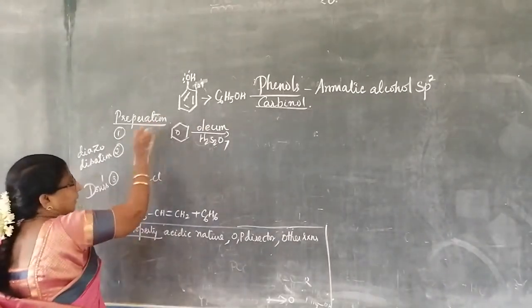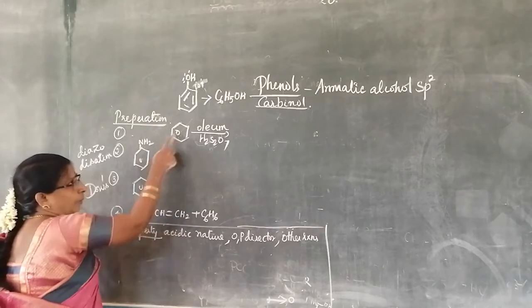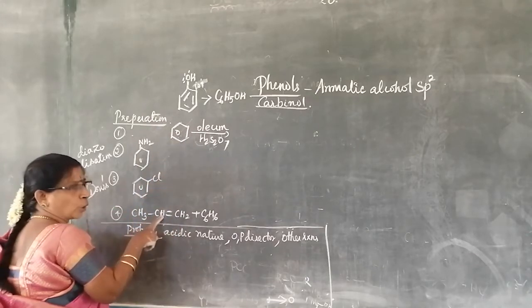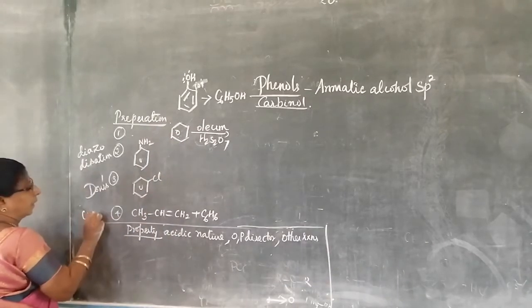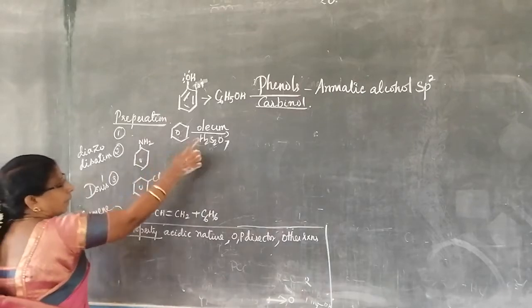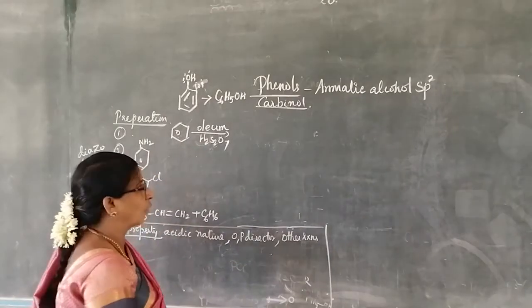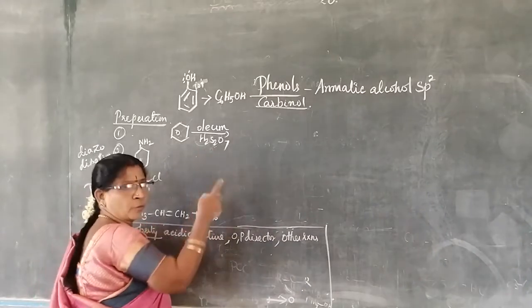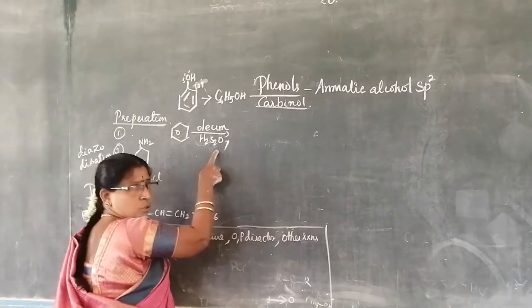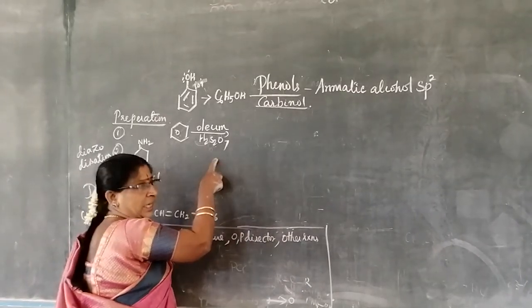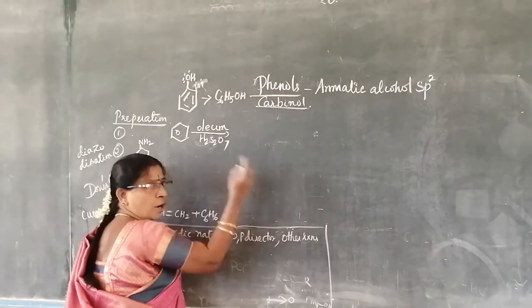How is it prepared? From benzene, by two methods we can prepare. One is by the cumene method. Another one is by preparing benzene sulfonic acid. When we put oleum, fuming sulfuric acid, H2S2O7, which we have studied in the p block, it has an S-O-S bond linkage.